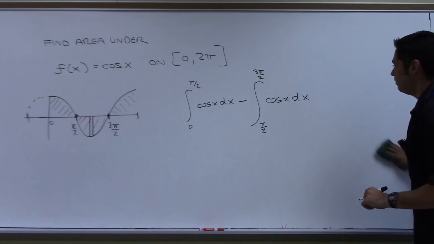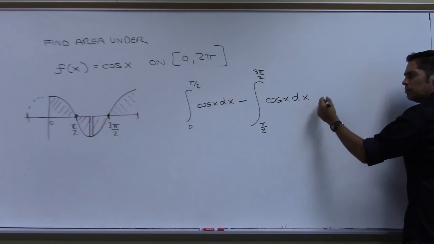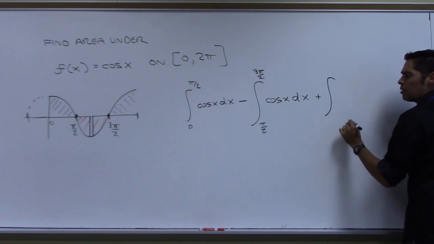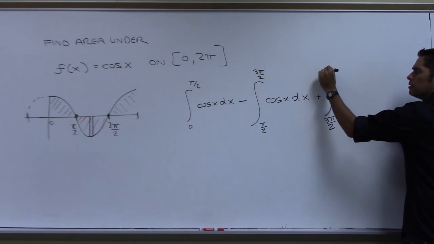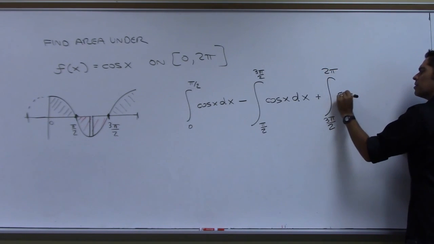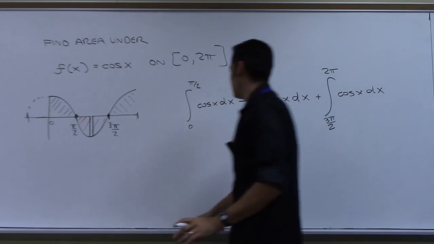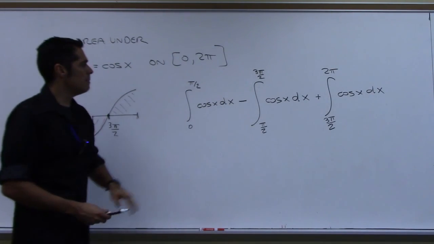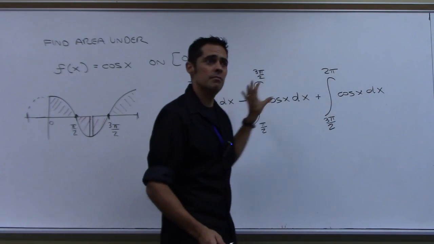And the last one, what should I say here? Plus or minus? Plus, integral where to where? 3 pi over 2 to 2 pi of cosine x. I'll let you finish this one out yourself. But look, all 3 of these have the same antiderivatives, don't they?